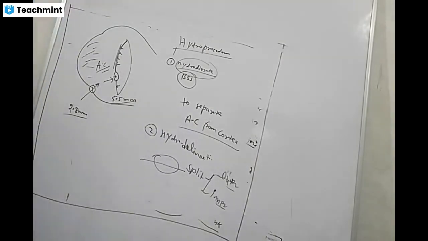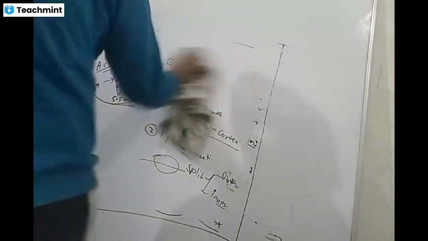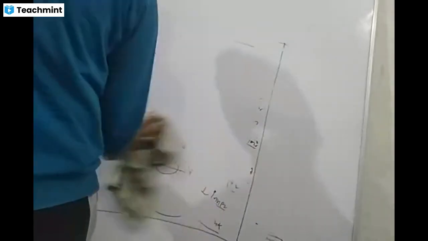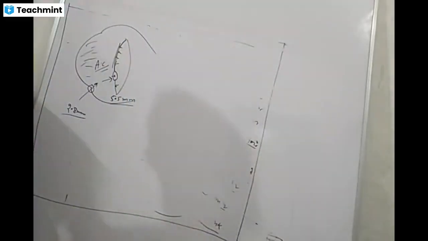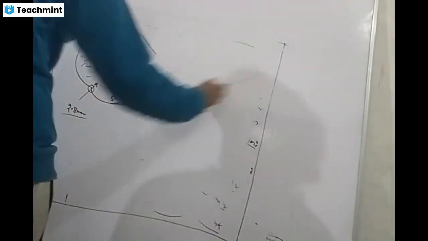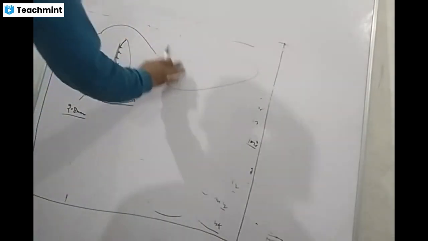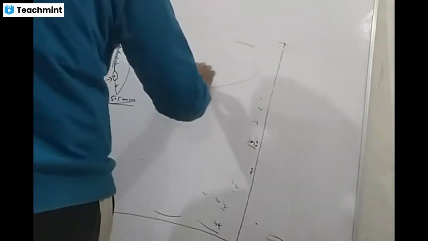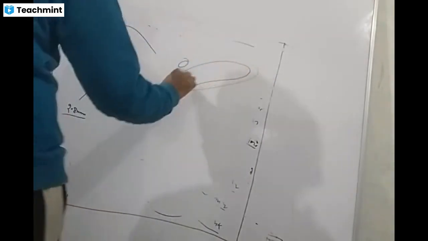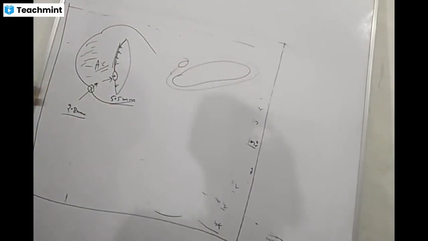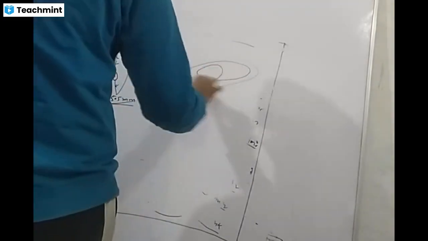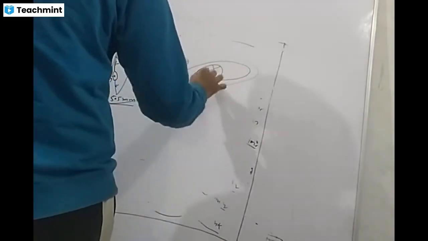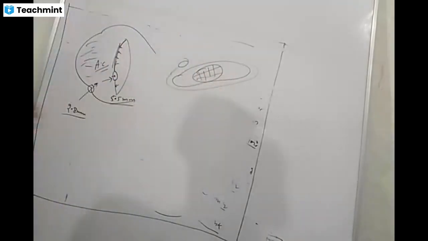So up to this step, this is the anterior capsule. We made a hole, we have separated the cortex from the capsule, and we also chopped the nucleus into pieces.